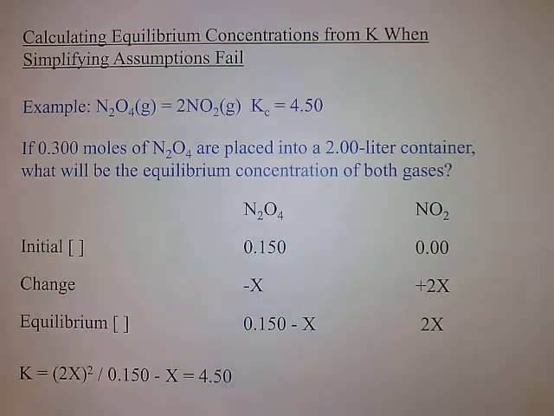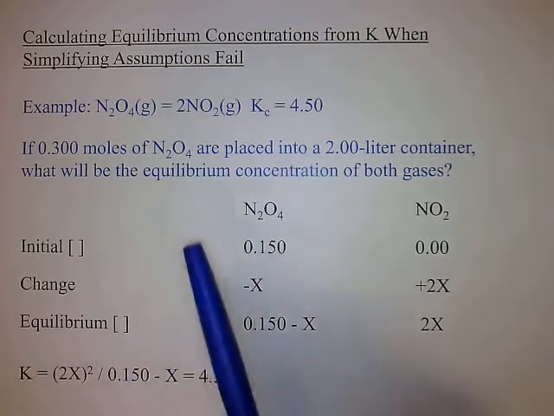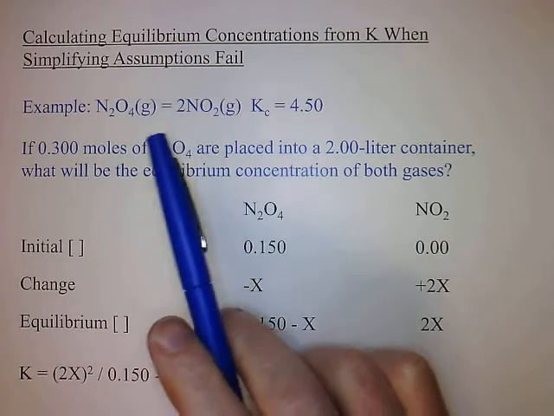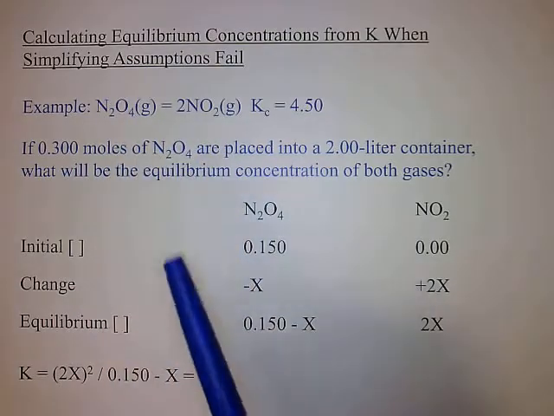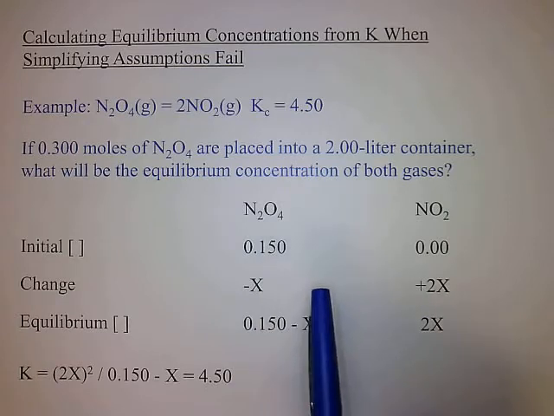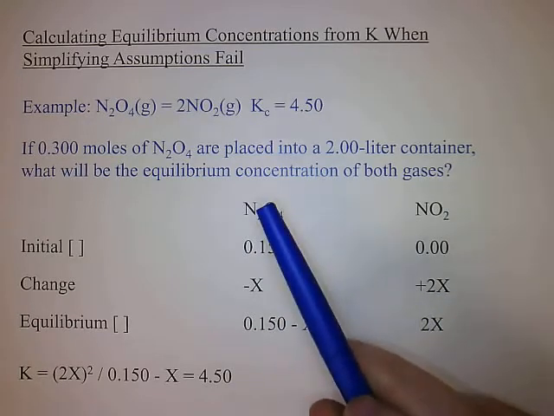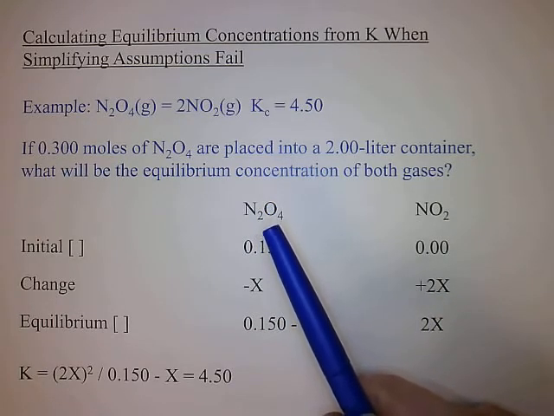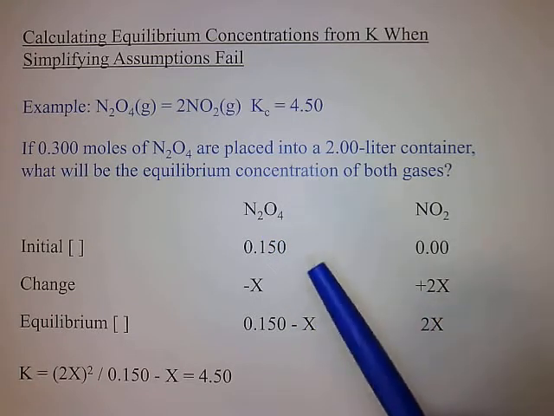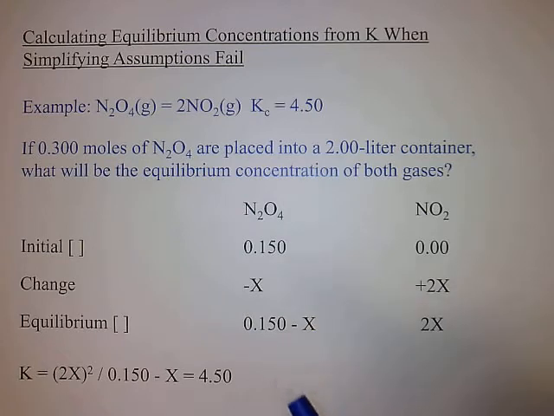But this is not a 1-to-1 stoichiometry, okay? Lose 1 here makes 2 here, right? And that has to be reflected in the change. So if this goes down by X, then this will go up by 2X, so that our equilibrium concentrations will be 0.150 minus X and 2X.